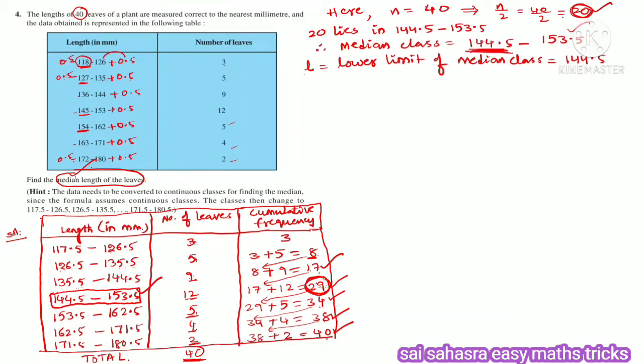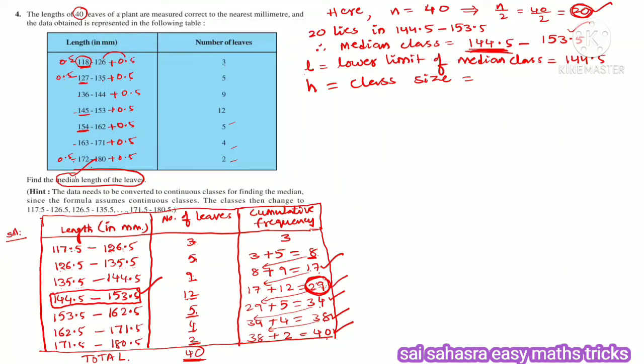Next n by 2 is already there. H means class size. Each and every class size is the same. You can observe 117.5 to 126.5. If you find the difference, 9 is the difference.